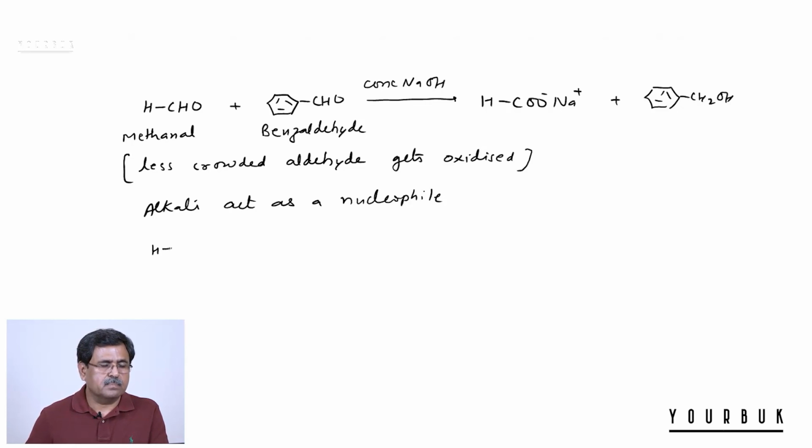Like this. This is methanal and this is alkali, acting as a nucleophile, attacks at the carbonyl carbon. And the second step is there is a transfer of H negative. This is second step.